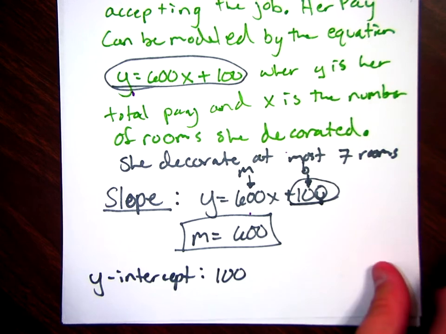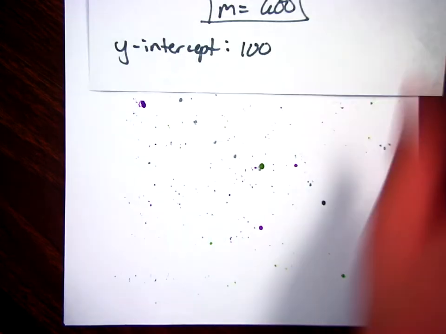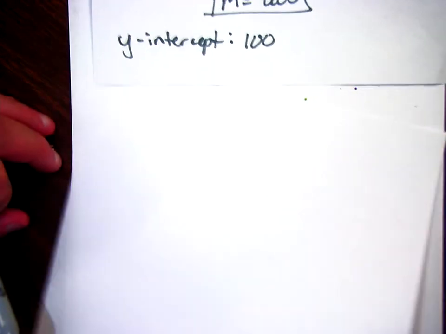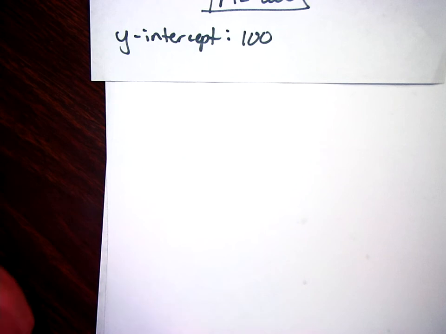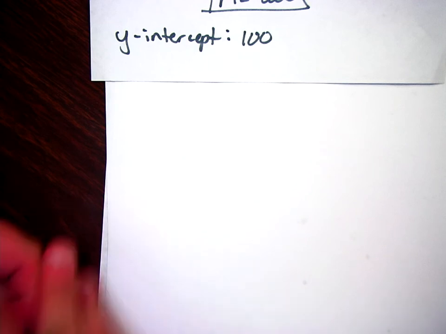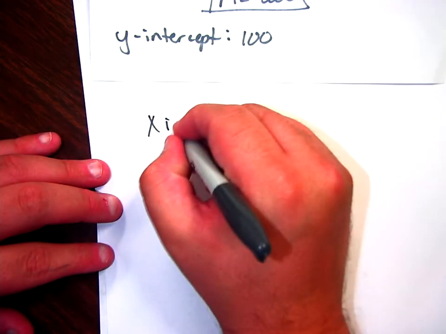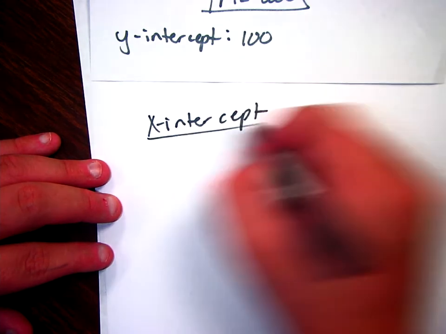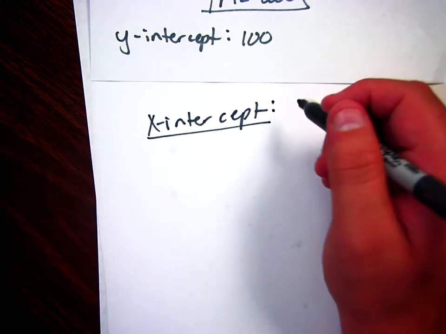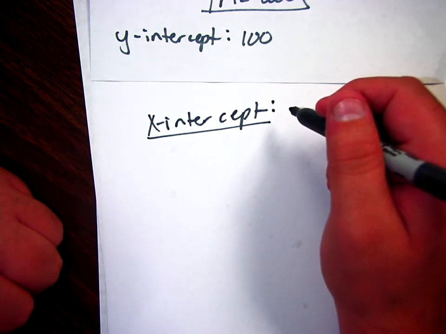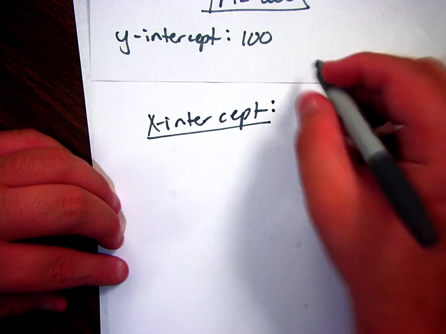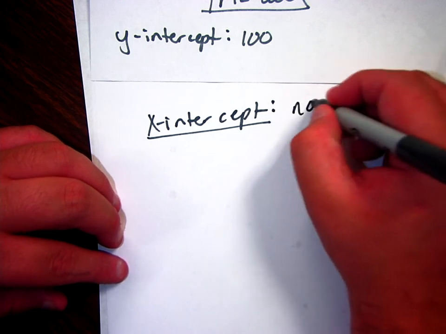All right. Now, let's move on to the tough crackers, the x-intercept. In this problem, the x-intercept is not really going to be a practical point. So if I said a reasonable x-intercept, you could write there is none.